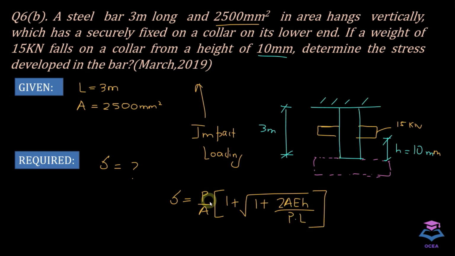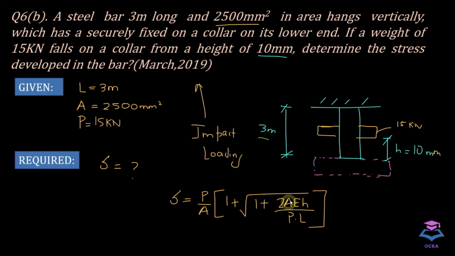So we have P equals 15 kilonewton, A is the area of the bar, E is the modulus of elasticity, H is the height through which the weight has fallen, P again is the load, and L is the length of the member.